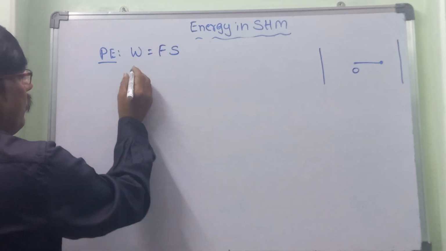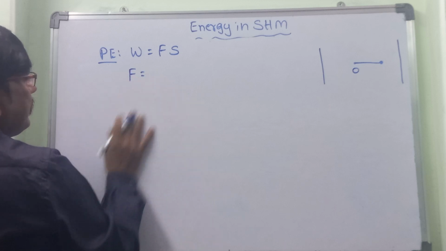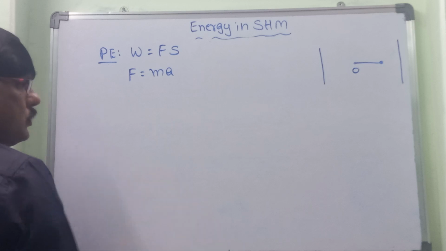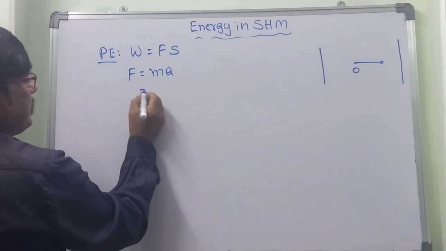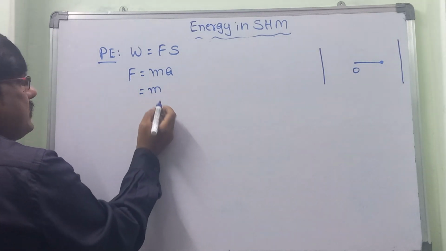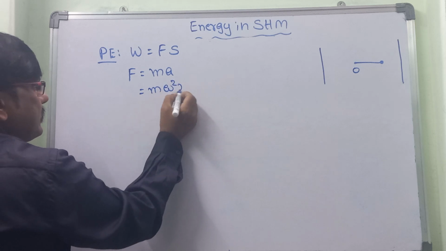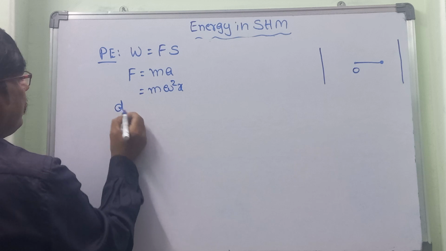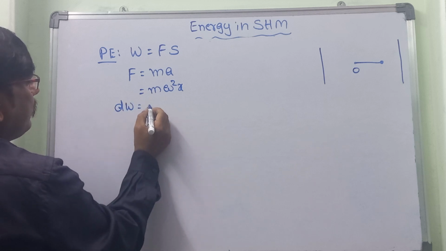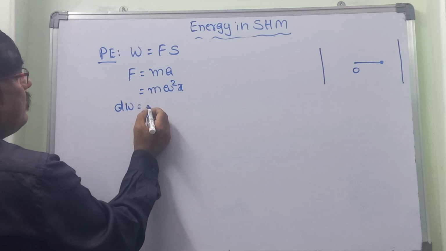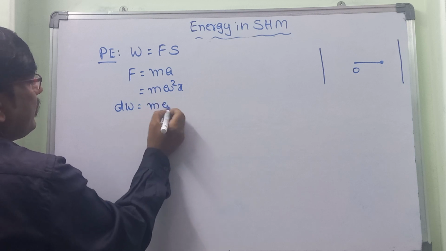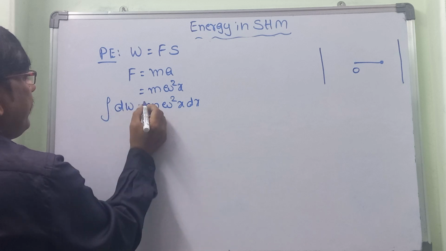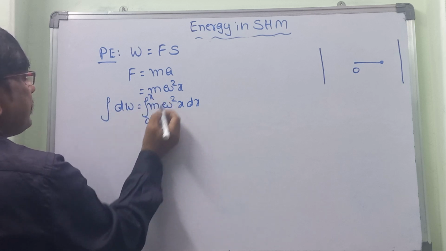First of all, let us take F is equal to m into a. Then that is equal to m omega square x. So here, work done: dW is equal to m omega square x dx. Now let us integrate from 0 to x.